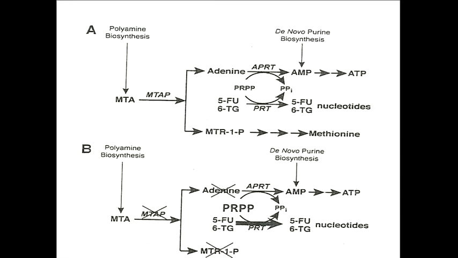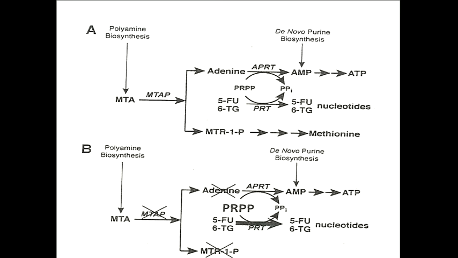And it turns out that most of the adenine in cells, which is used for RNA and DNA synthesis, ATP synthesis, comes from salvage, which is due to this particular enzyme, which generates adenine as well as methylthioribose 1-phosphate, which is then converted in a series of steps to methionine.